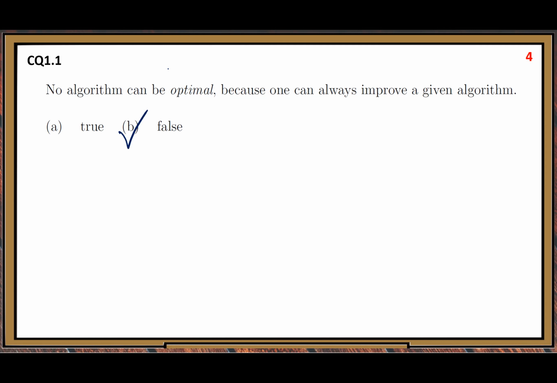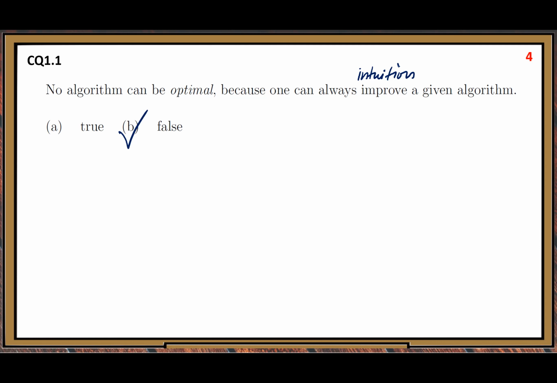The reason I designed this question is that many times people answer it by their intuition, based on their everyday life experience. People may feel, yes, we can always improve one particular algorithm. We can make effort here and there to make it better.